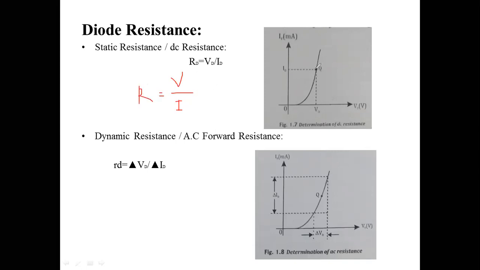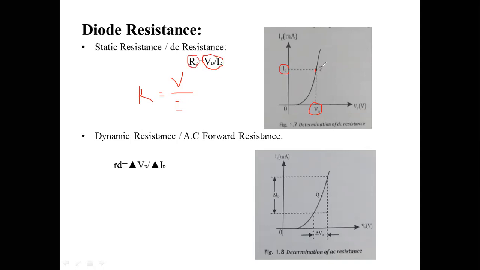If I take one point on the forward bias, it has a V and an I, that is VD, the DC voltage, and the DC current at that moment, or the static voltage and static current at that point. If you take the ratio VD by ID, that is nothing but the static resistance, or DC resistance.